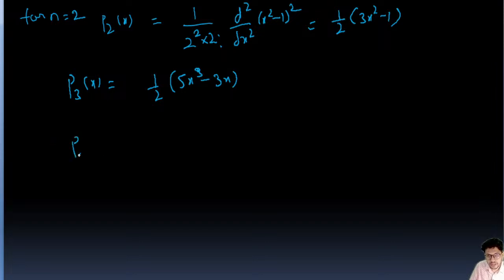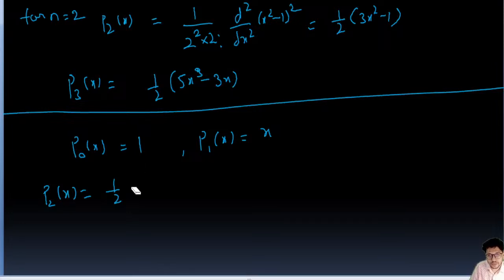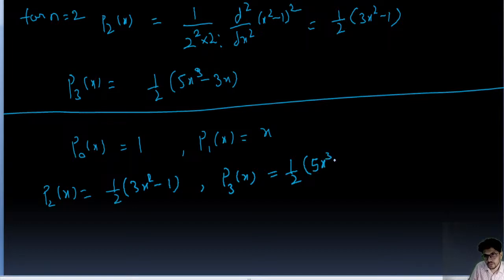P0(x) value is 1. P1(x) value is x. P2(x) value is 1 by 2 (3x^2 minus 1), and P3(x) is going to be 1 by 2 (5x^3 minus 3x).